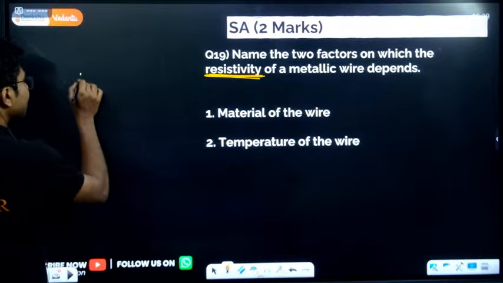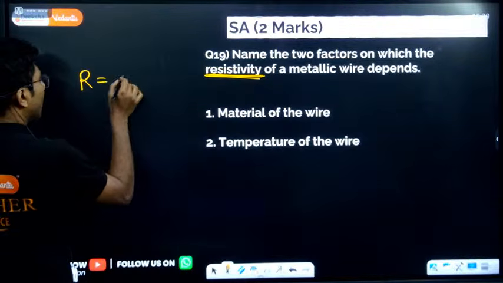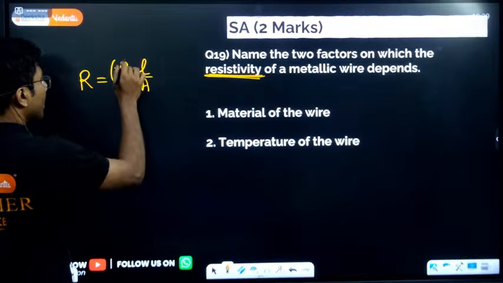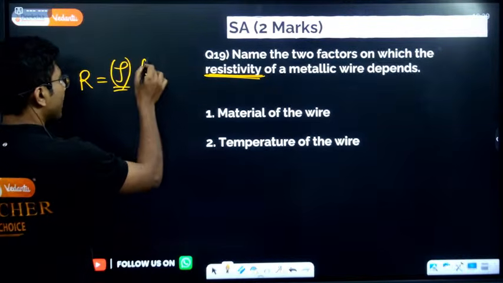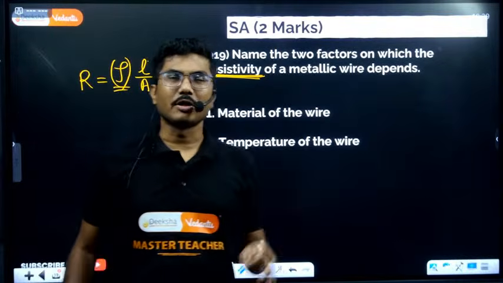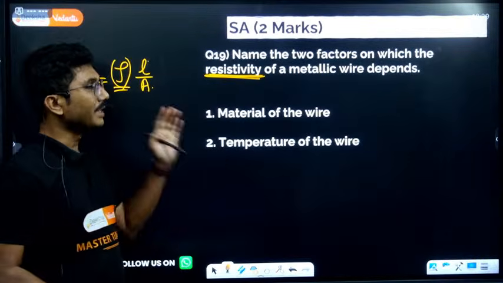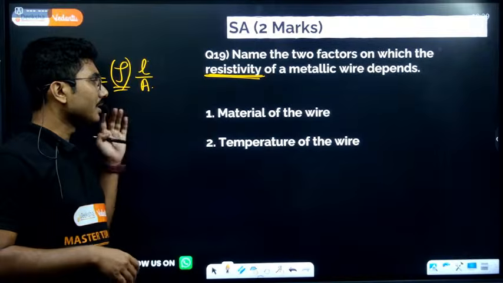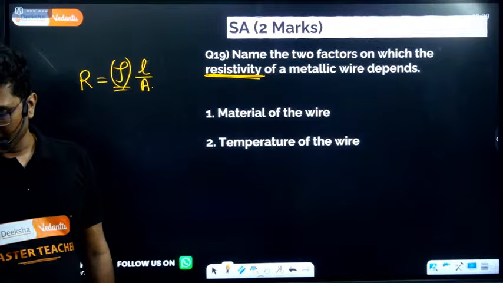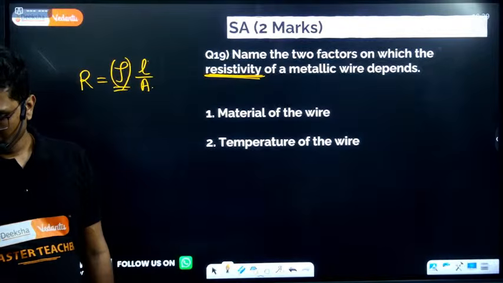Resistance is given by rho L upon A, so it depends on the material, on length, and on area. But resistivity does not depend on length or area, it only depends on the material of the wire and the temperature of the wire. Otherwise resistivity does not depend on anything else.